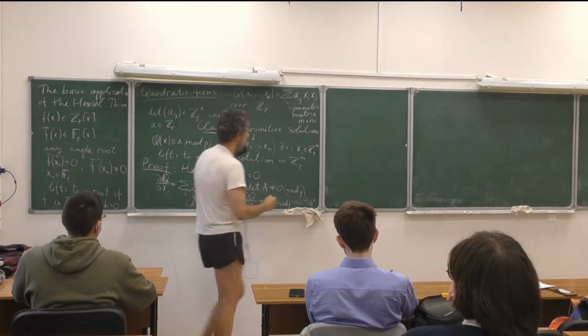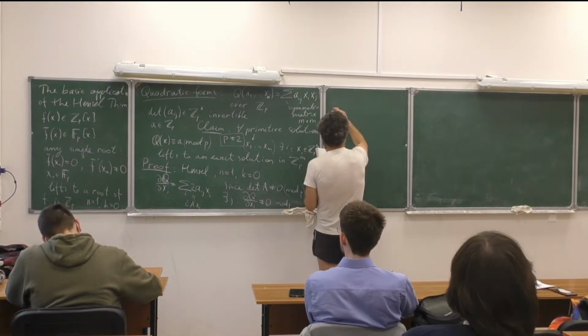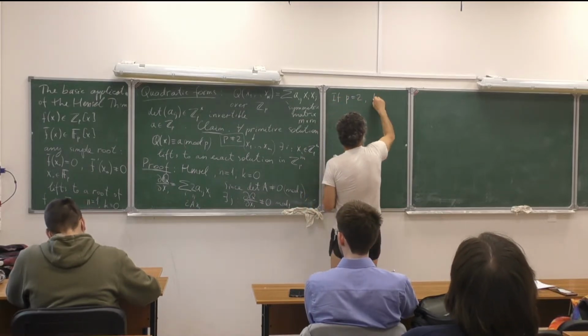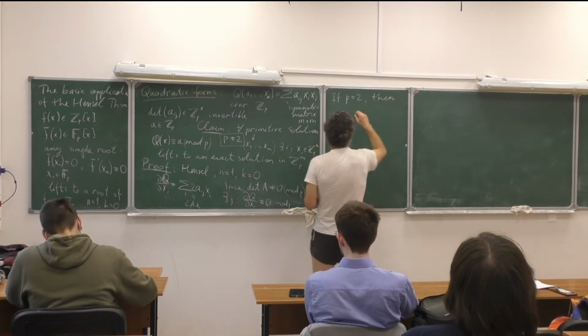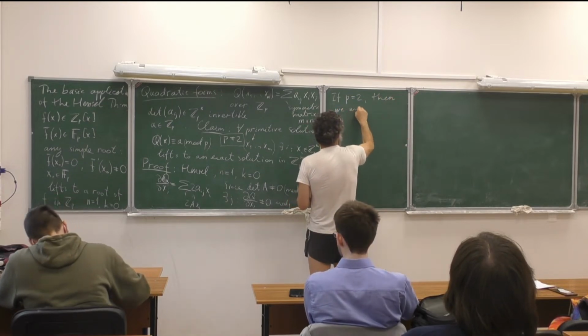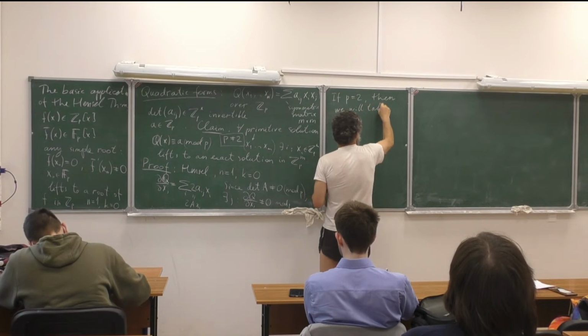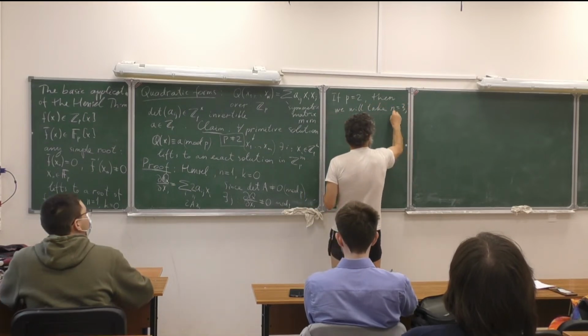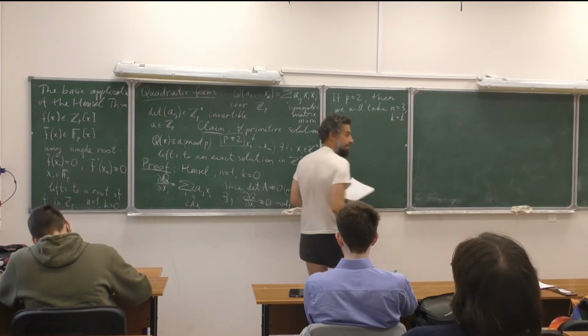Okay, now if p is 2, then we will take n equals 3 and k equals 1.